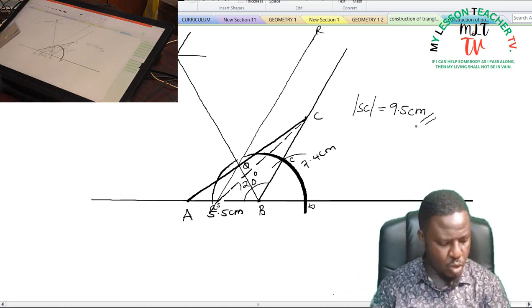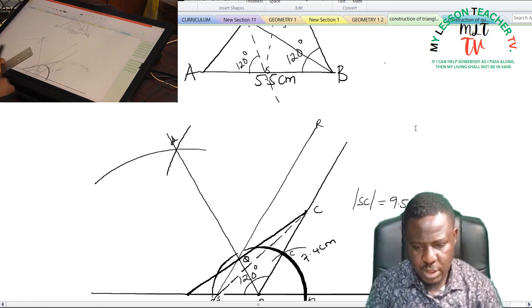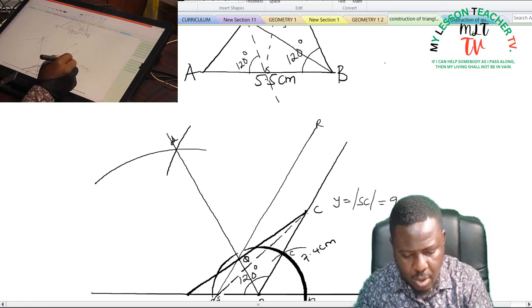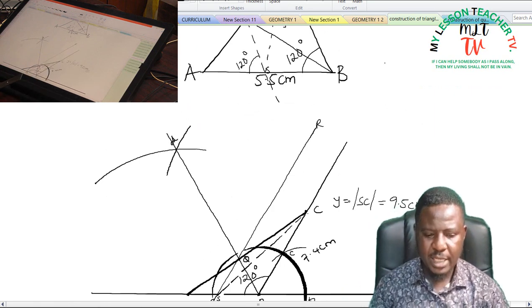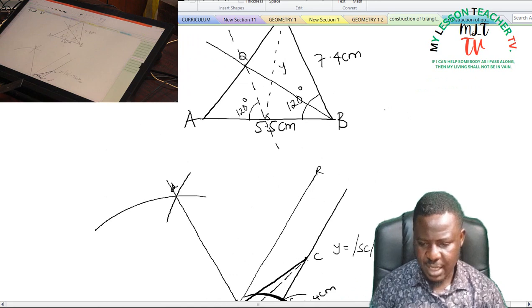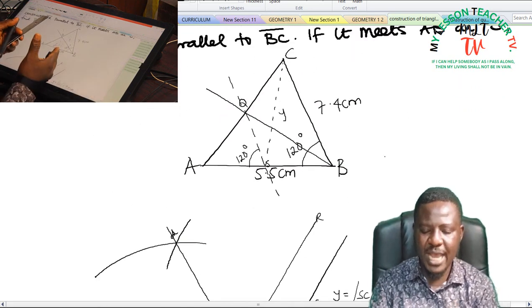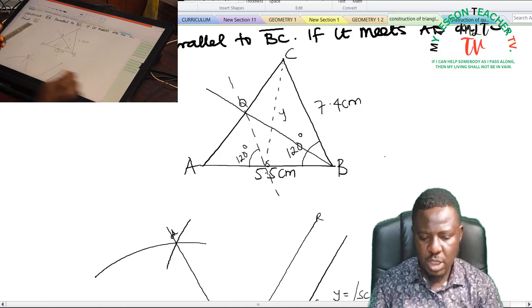So this is what you are to get, which is our line Y. So Y is equal to 9.5 centimeters. So this is what you will get.